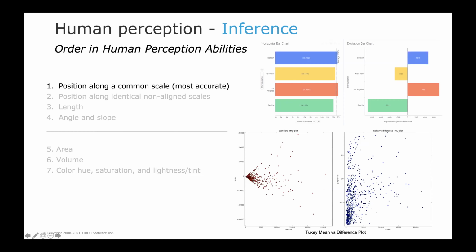The mean difference plot in its raw form is to take the difference and plot it against the mean, and you can really get some good separation when you do that, versus just looking at the raw data. So this is the Tukey plot that we still use quite a bit. And if you want to communicate where the differences are versus just the raw data, it's a really good trick.